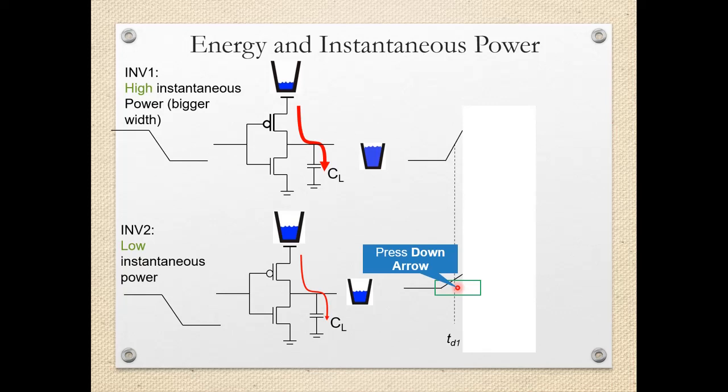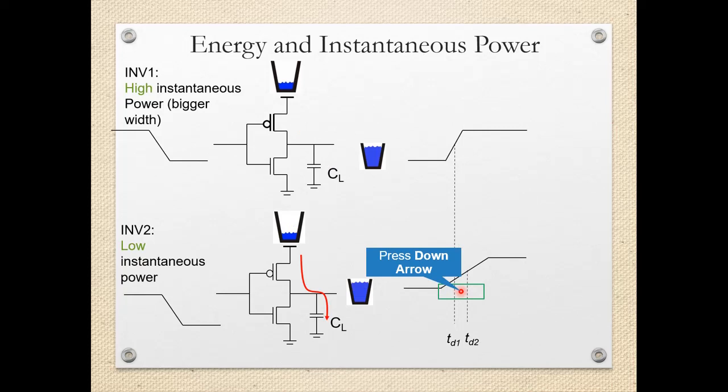Now let's see the remaining part of the operation and the waveform. Almost now the charge across both capacitors is exactly the same, but observe time TD2. At time TD2, this CL is almost fully charged to the value VDD, whereas the second capacitor is charged only to half of the maximum value.